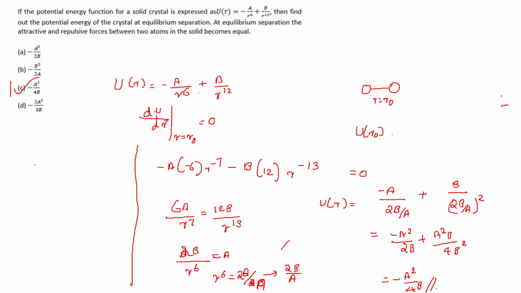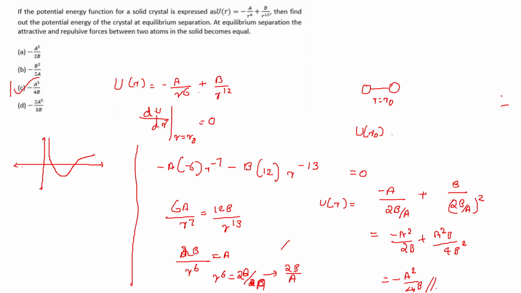Now this is actually about the potential. In a solid, the total force consists of two parts, repulsive and attractive, that is repulsive force plus attractive force. So here, 1 by r to the 6 with a minus sign, and 1 by r to the 12 with b. One is attractive, one is repulsive.